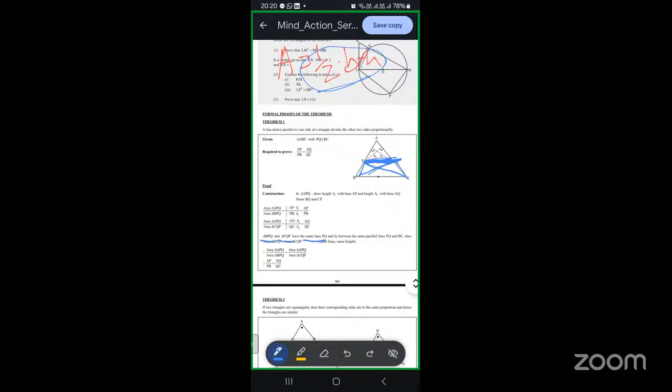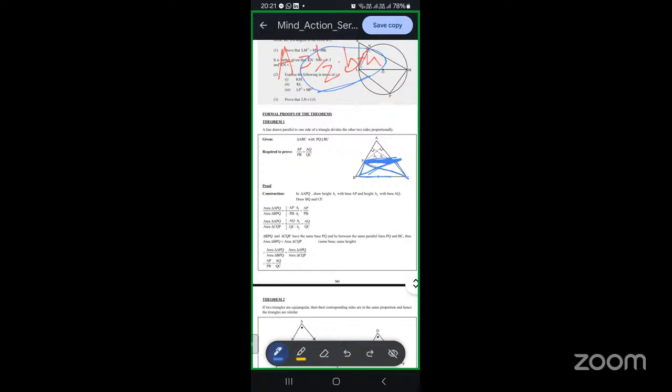And these triangles are between these parallel lines PQ and BC. Therefore, we can come to the conclusion that the areas of those triangles are equal. Reason being, same base, same height.